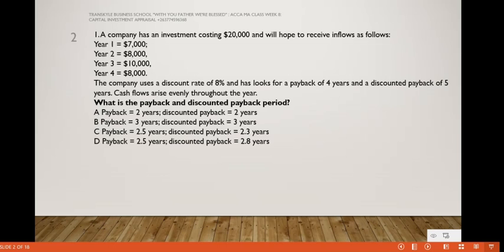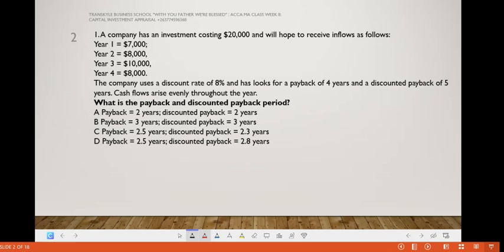For the first part, we have to calculate the payback period without discounting. So we just utilize the information provided, for the sake of time. We can use the figures there, but we modify the table to have another column for the cumulative inflows.